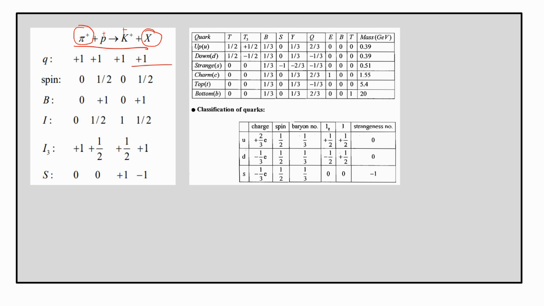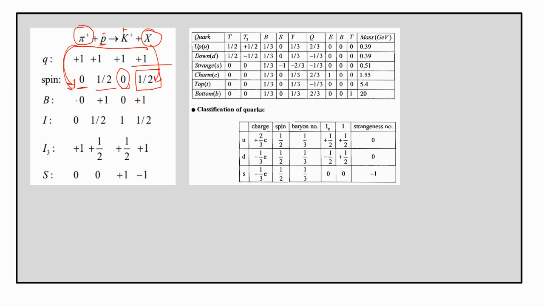And spin: you know the spin of pion is 0 because they are bosons, for proton it is half, for cation it is 0, so technically it should have spin 1 by 2.